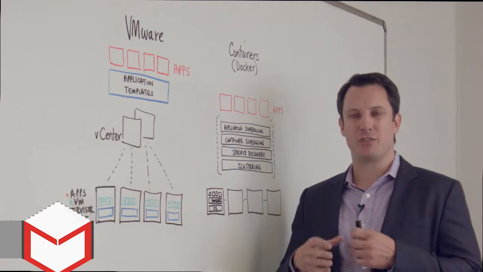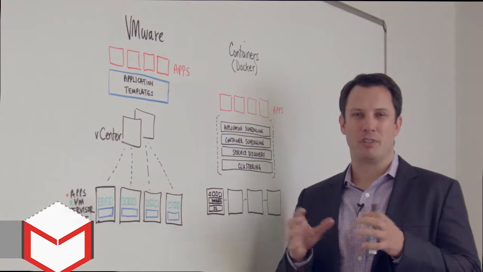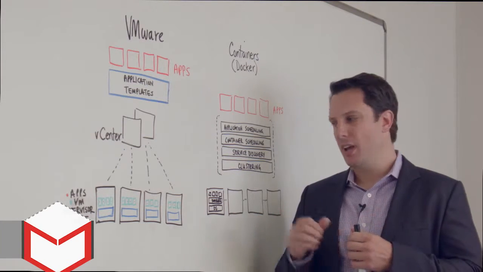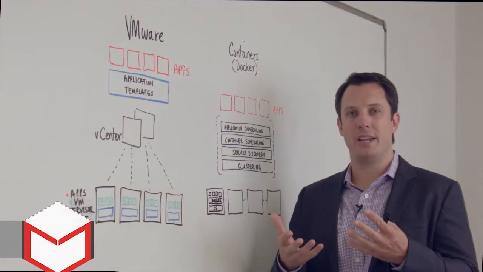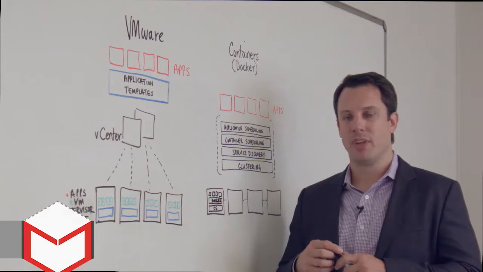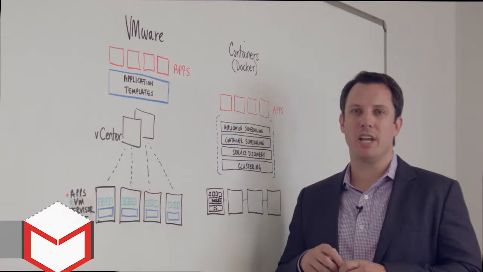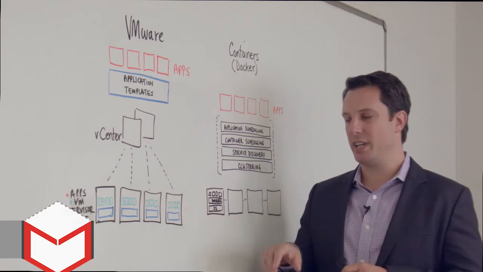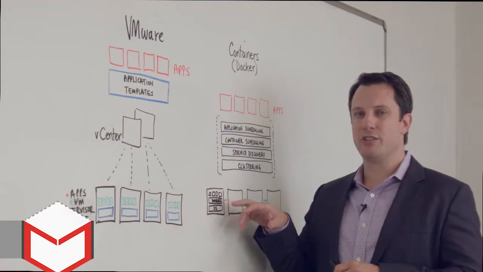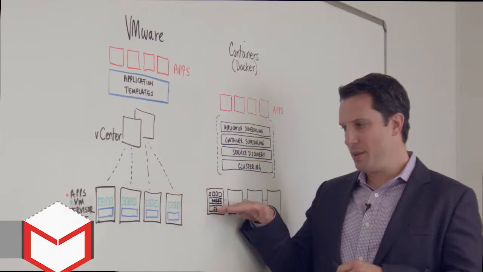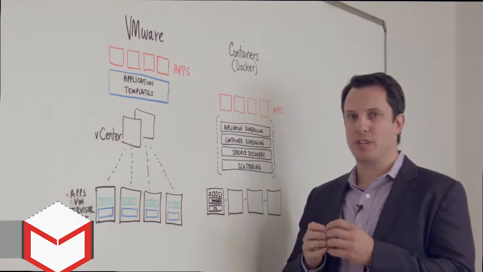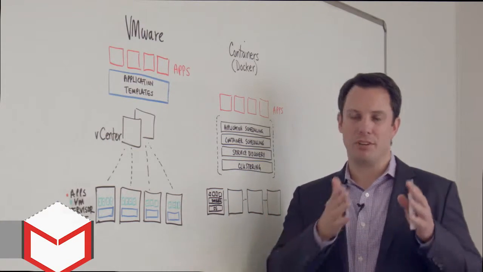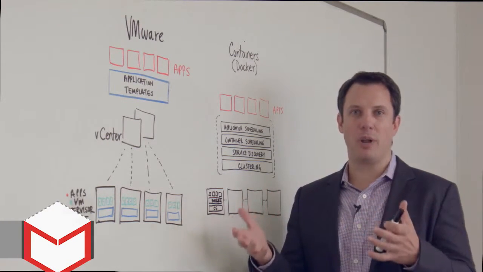You can think about that as being like a hypervisor, but almost a lightweight hypervisor. And then that container runtime is going to create my containers themselves. What's unique about this that's different from this environment is that all of those containers share the same operating system. So again, all of your containers within a single host have to run the same operating system, either all Linux or eventually all Windows.